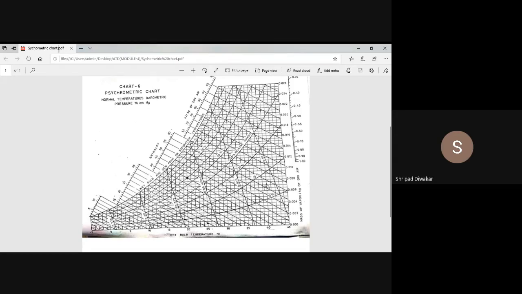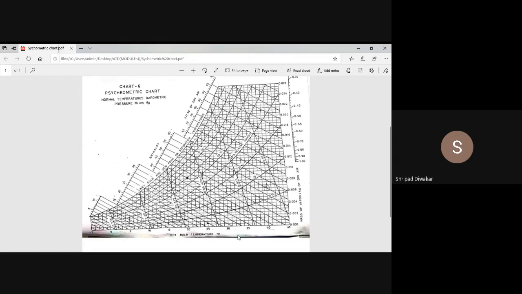It is around below 0 degrees Celsius only. Sometimes you may get it here, where you have to come down, and it is 8 degrees Celsius, like that. You have to move from that point to the right to give your specific humidity. From that point towards the left gives your DPT, and in the inclined direction gives your enthalpy and also your WBT.